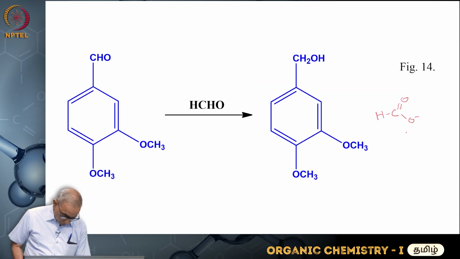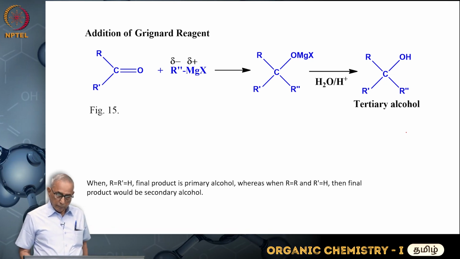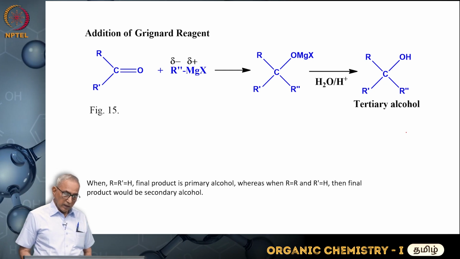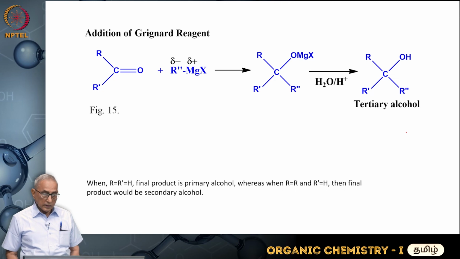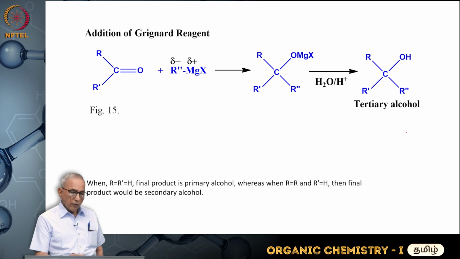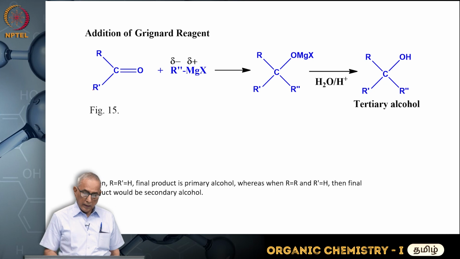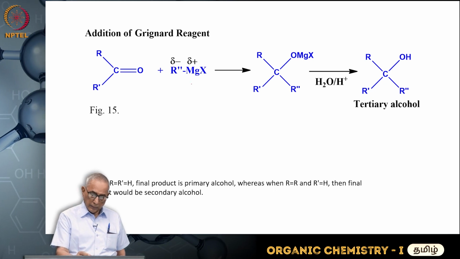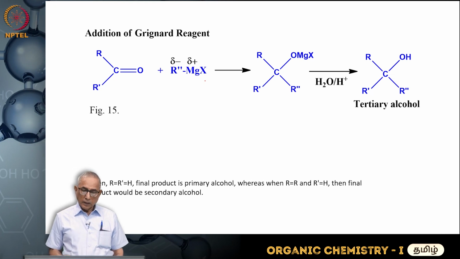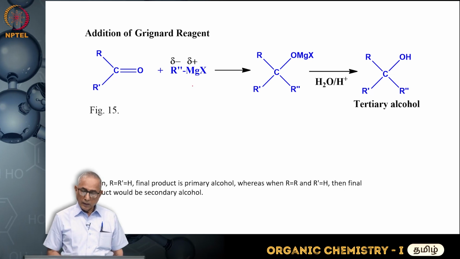Now, I mentioned earlier the preparation of alcohols using Grignard reagents, the reaction of Grignard reagents with ketones and aldehydes. If you have a ketone RCOR prime and react it with R double prime MgX, similar to the lithium dialkyl copper we saw, you have a magnesium reagent.